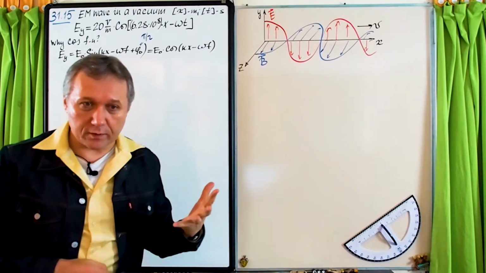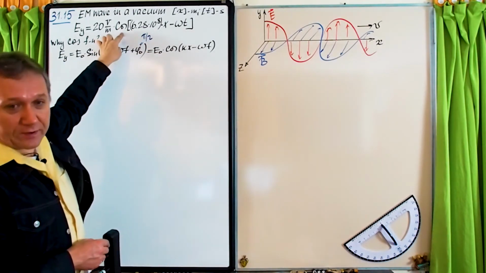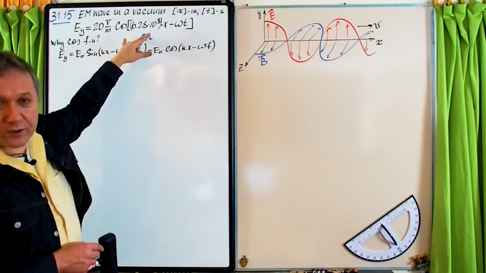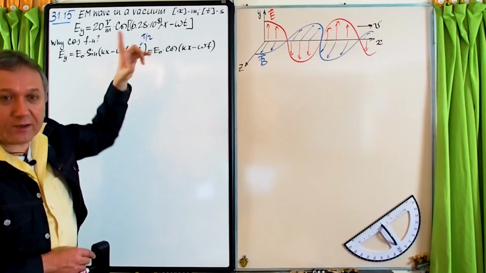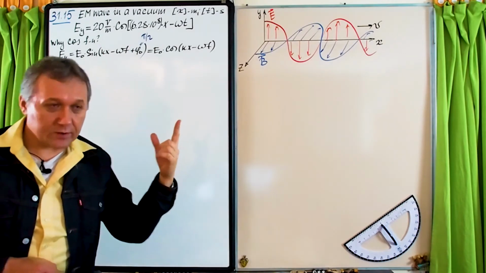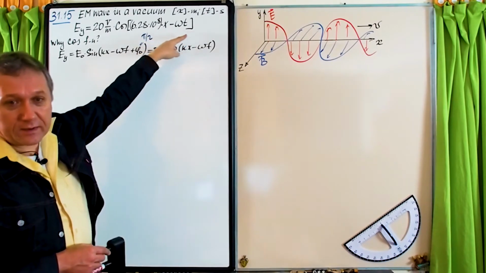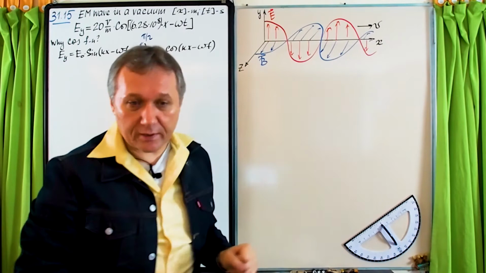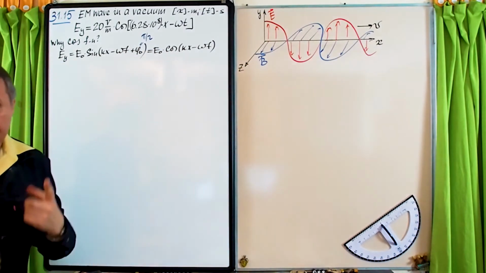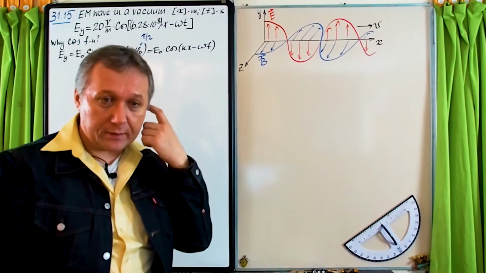It means that everything we have in the cosine or sine function is exactly the same for both the magnetic and electric fields. The only differences are the directions and amplitudes. The structure, x and time dependence, are exactly the same for both, in an electromagnetic wave, of course, only in an electromagnetic wave.